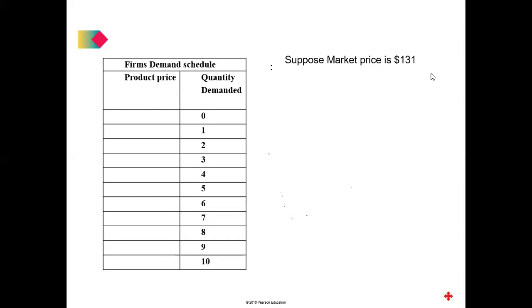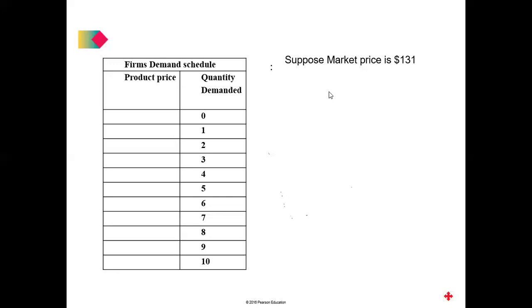Now recall from the previous lecture that the single seller is going to take the price as given by the market. He will use the market price. He cannot charge his own price. So whatever is the market price, he is going to use that price to sell his product.